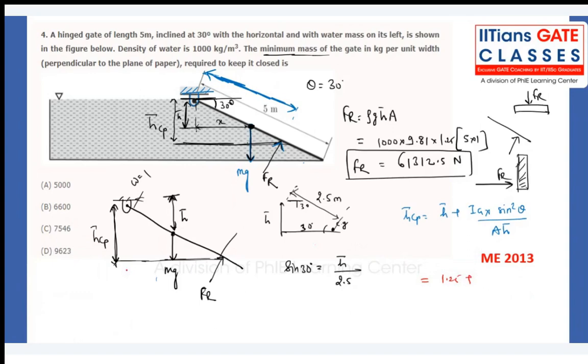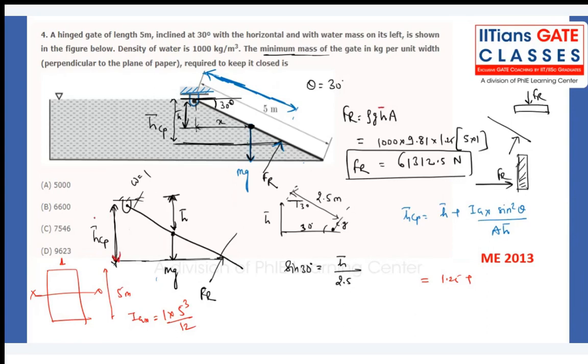Igx, if you take the top view of that plate, that is Ixx. Width is 1 unit and height is 5 meter. So what is my Igx? 1 into 5 cube by 12, right? H bar is in hydrostatic forces, h bar cp is a location.